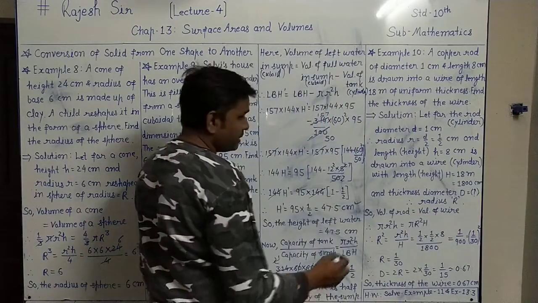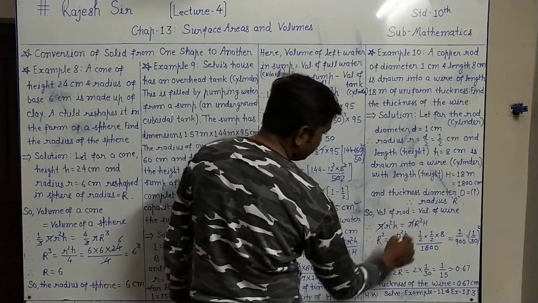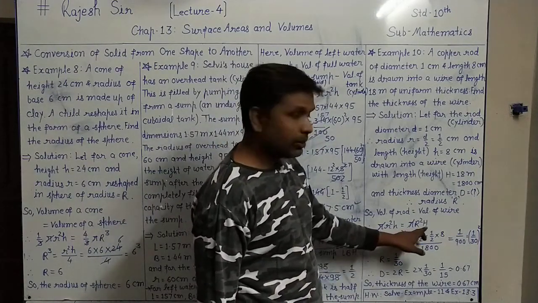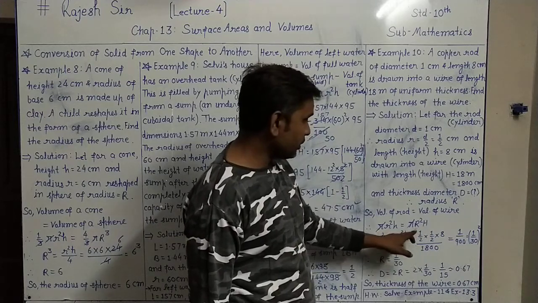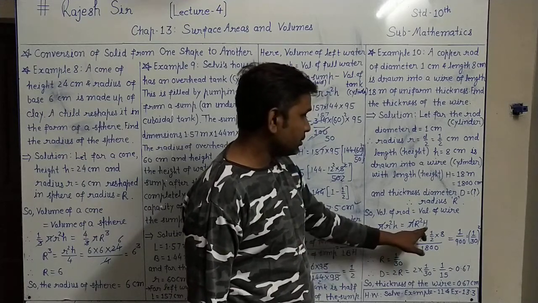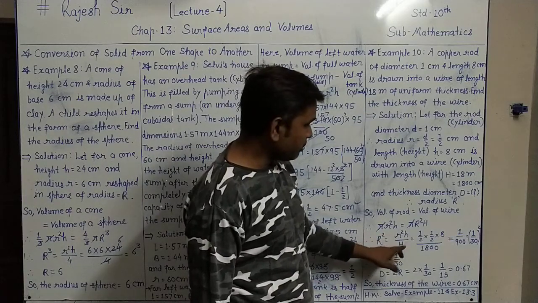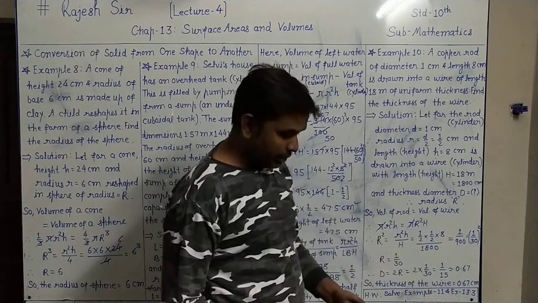Now for simplification, on both sides pi cancels. Here we have r square h and here we have R square H in capital. So capital R square equals small r square h upon capital H. Now place all the values.